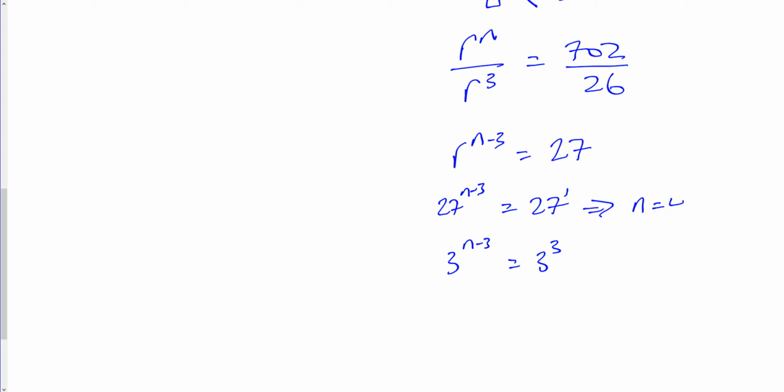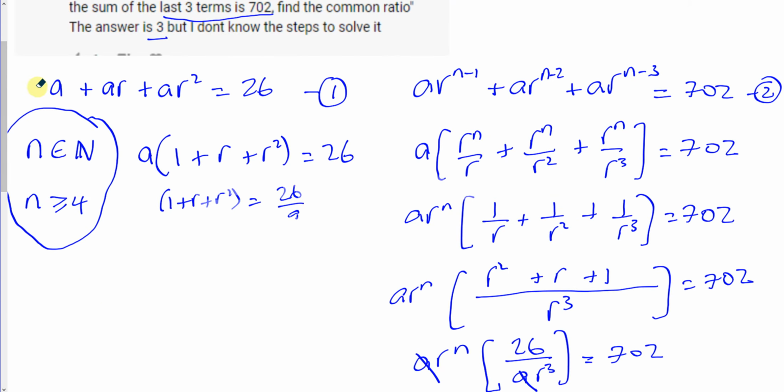In this case, n minus 3 equals 3, so n would equal 6. So these are two possible answers: r equal to 27 or r equal to 3.